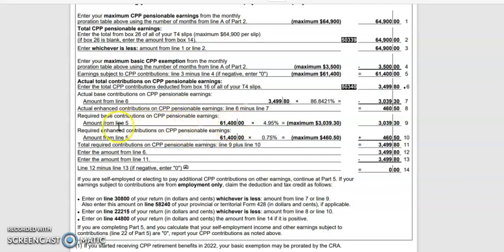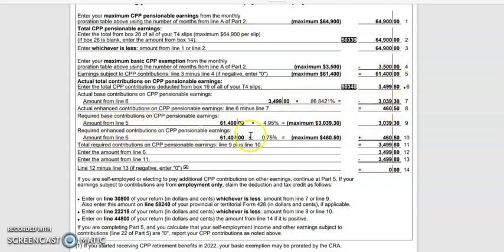Oh, sorry, we haven't. So the base contribution on the CPP pensionable earnings, you want your $61,400, which is your earnings subject to CPP. Okay. And it even tells you amount from line 5.